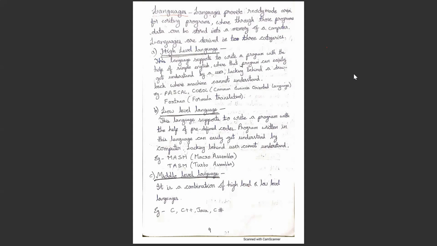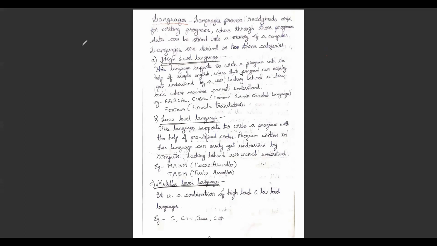Let us see now. What does a high level language do? A high level language always supports writing a program with the help of simple English. The name itself suggests it. I write a program using simple English, which can be easily understood by the user because it is in simple language, but it is not understandable by the machine.